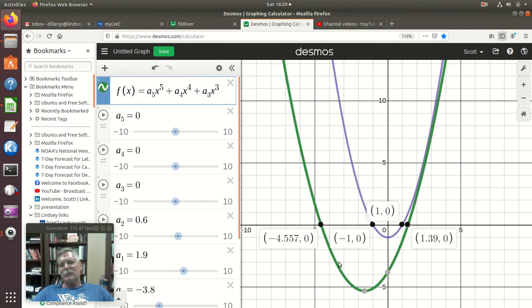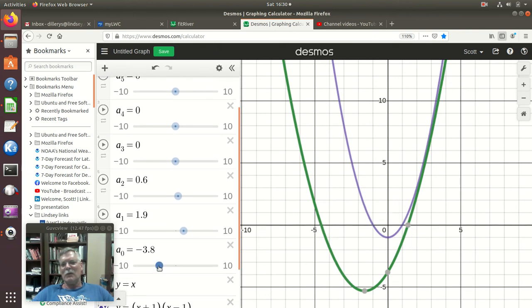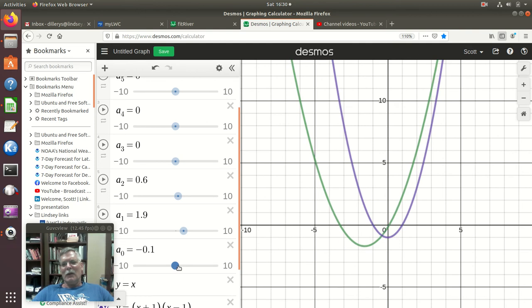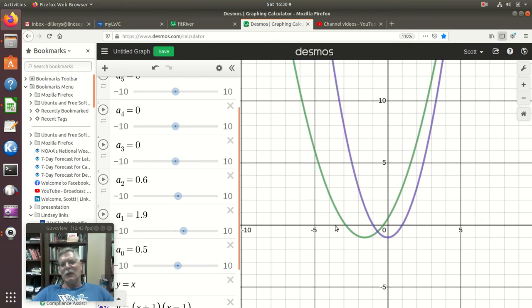However, if I just made a0 bigger, what does that do? It raises it up. And so if I had wiggles down here like that, at some point those wiggles would have had to cross the x-axis a total of 4 times.